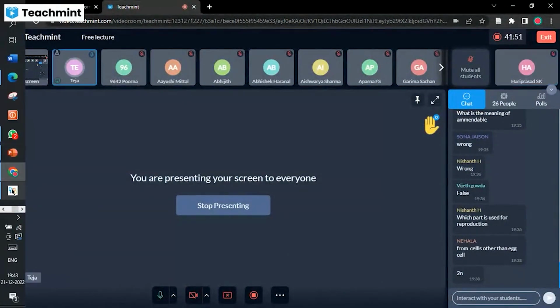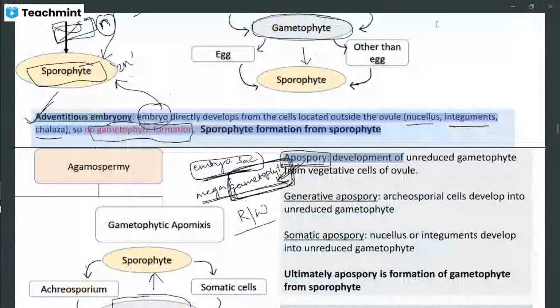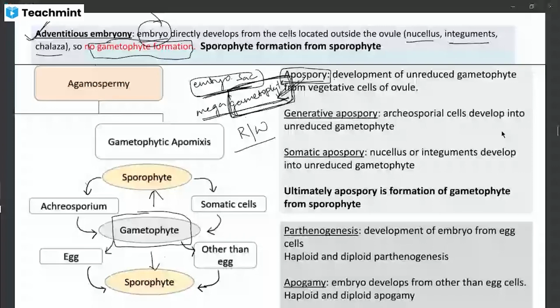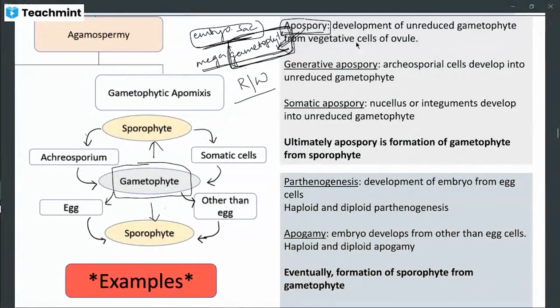Okay, so we'll first understand the concept. Apospory is the development of the gametophyte from the vegetative cells of the ovule. Just leave aside the reduced and unreduced concept. What are the different types of vegetative cells?